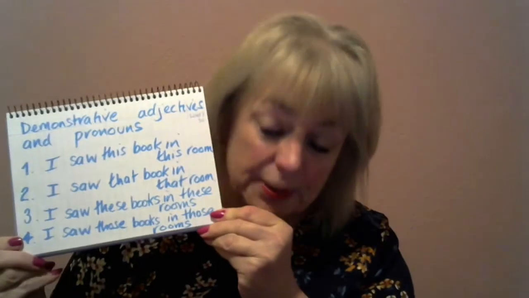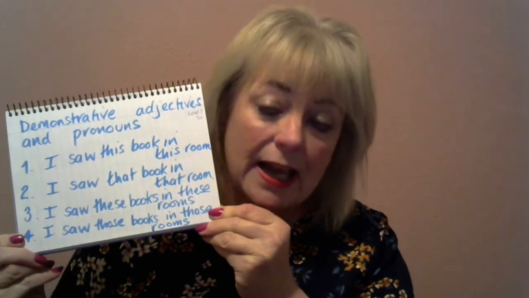Okay, so what we're going to look at now, the second part of this part 5, are demonstrative adjectives and pronouns. Don't let that frighten you. This is what I call this, that, and the other, because demonstrative adjectives and pronouns are how you talk about this house, that car, that man over there, etc. So that's basically what they are.